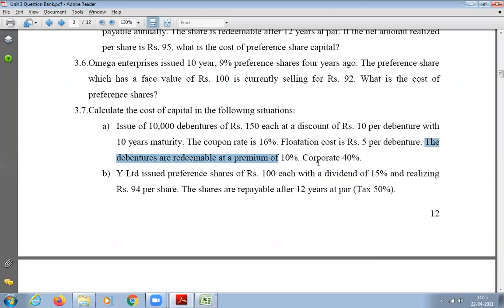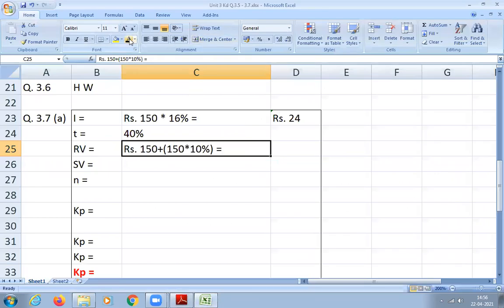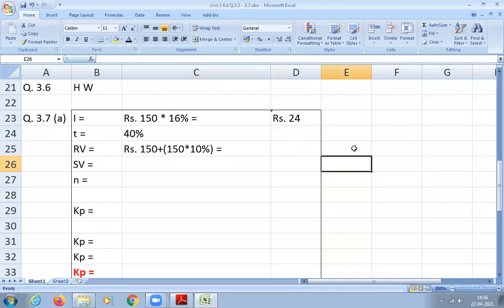So each bondholder will get 150 plus 10% extra. How much is 10% of 150? 15. So 150 plus 15 is 165. 165 is correct.